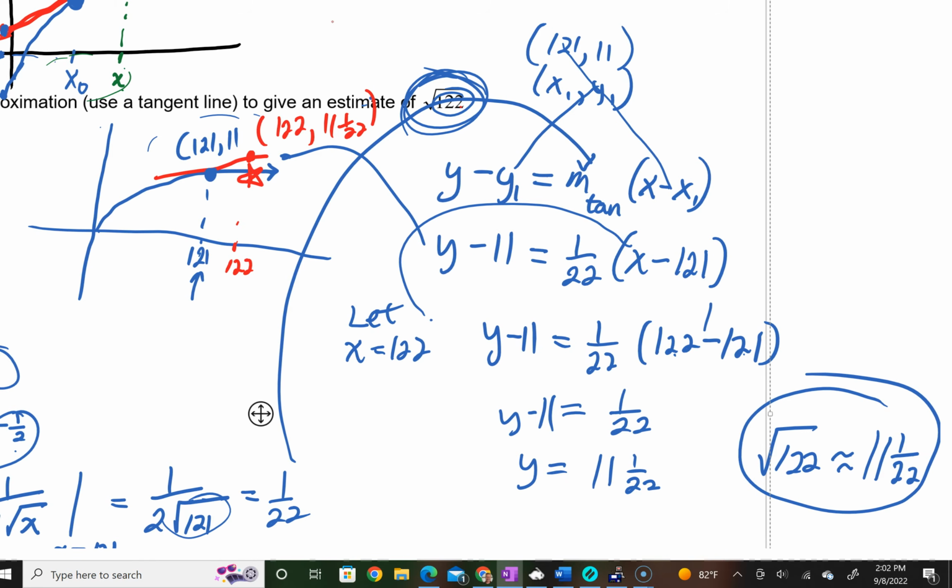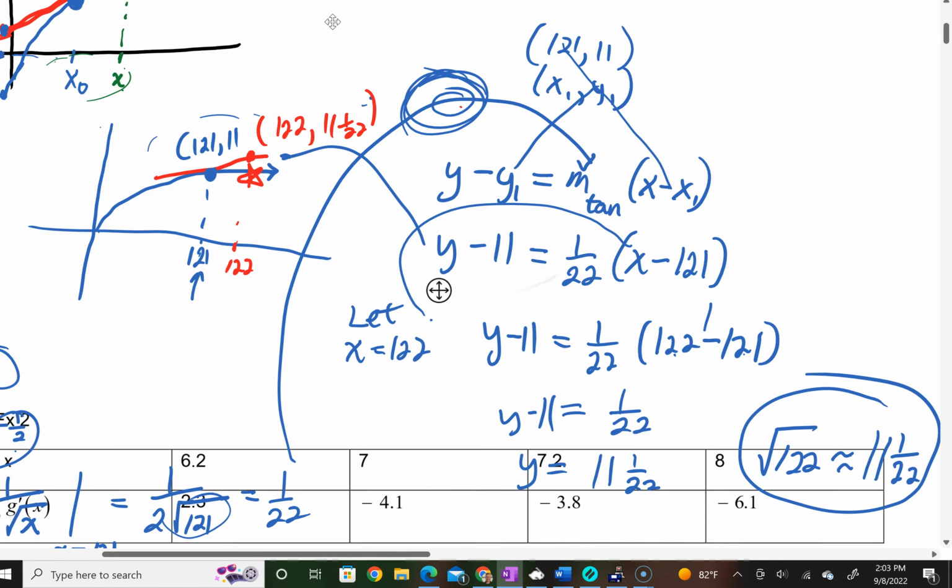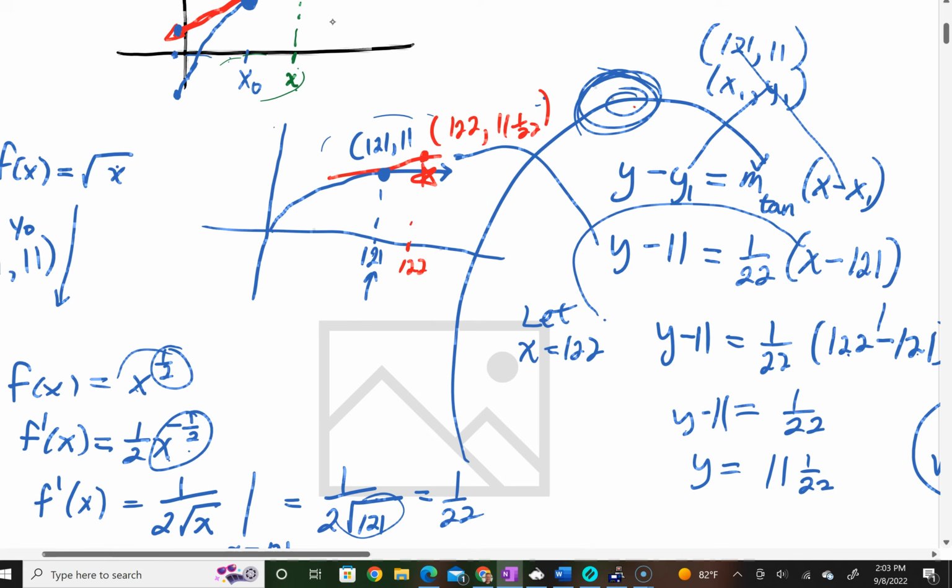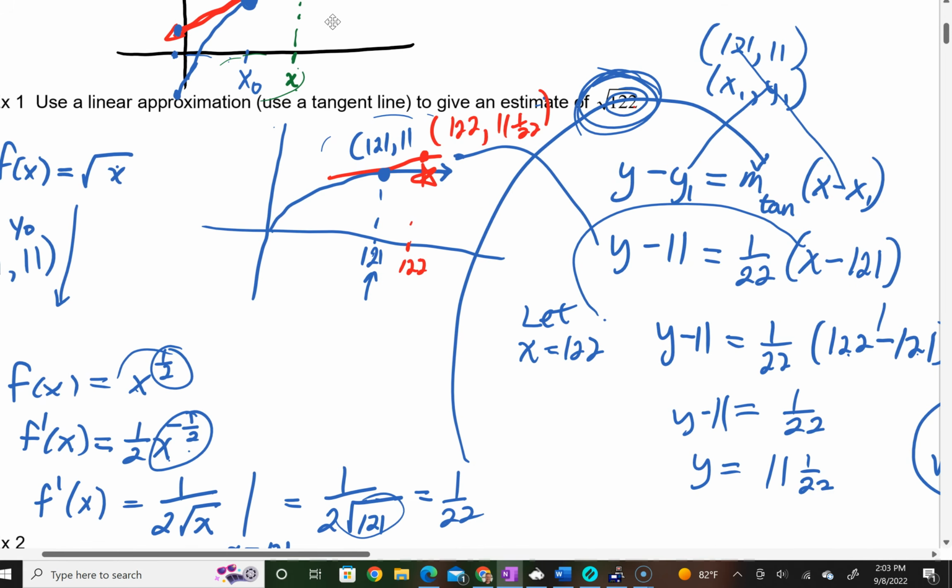And you'd say, well, I didn't collect data there. I don't know what's happening when x equals 122. Well, you could use calculus and get a very intelligent estimate as to what you believe would be happening. So that leads in to where we're going next.